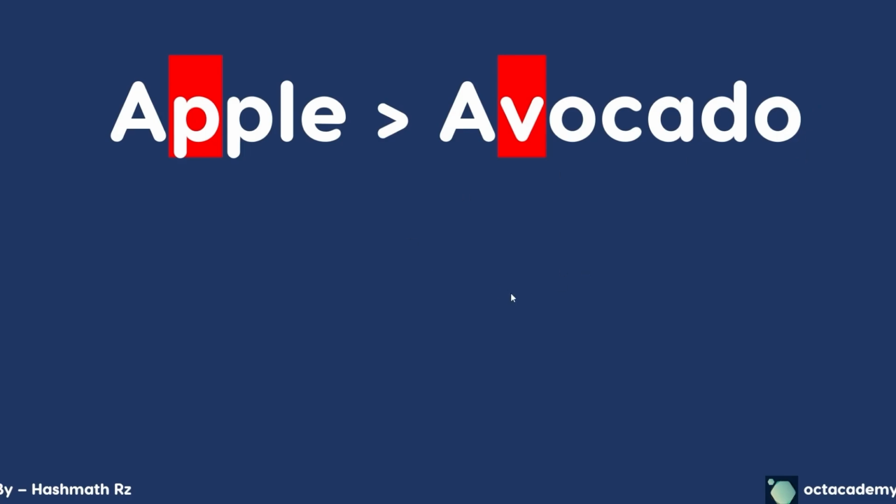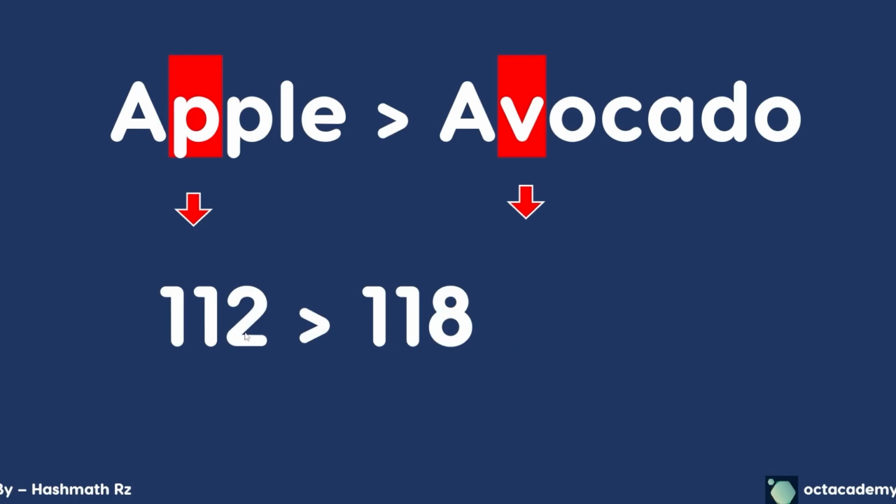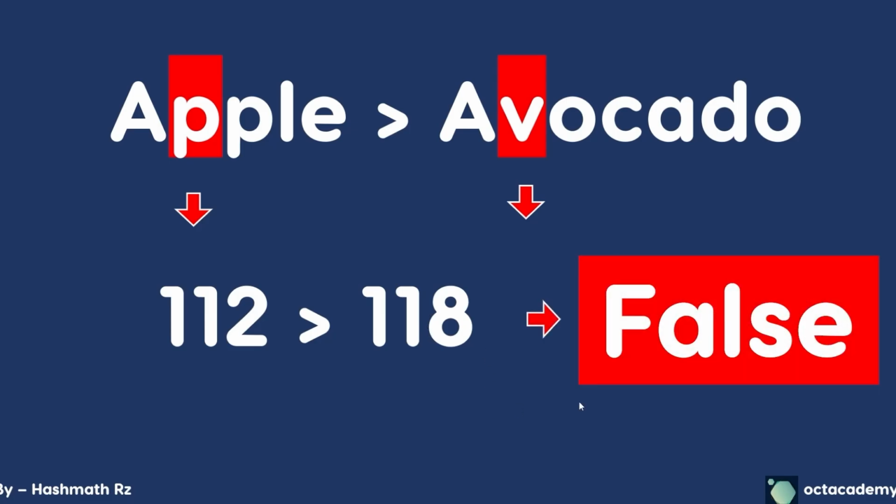Okay. In our example, both strings start with uppercase A. In this case, JavaScript proceeds to compare the second characters, which are lowercase p and v. The Unicode value of lowercase p is 112, which is less than the Unicode value of lowercase v, 118. So in this case, the greater than operator will return false.